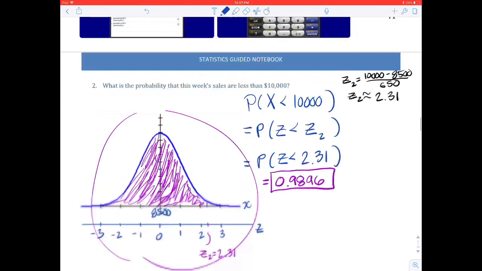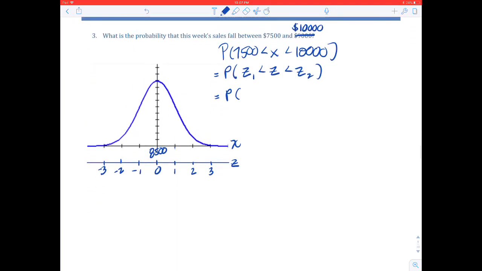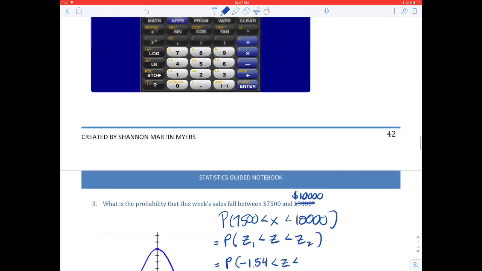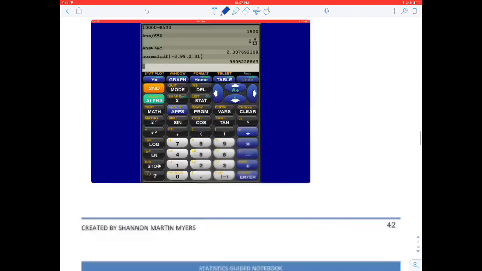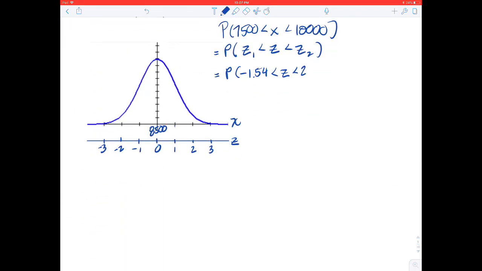Good, negative 1.54, right? We're going to actually be going a different direction from it this time, but that's okay. So less than z, less than, and then z2 was over here, and it was 2.31. Good so far? Awesome.